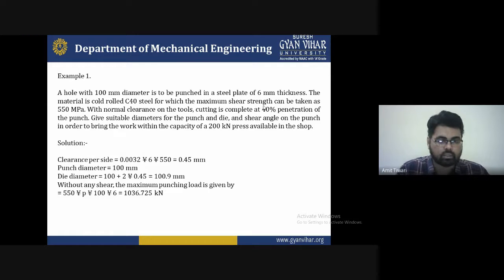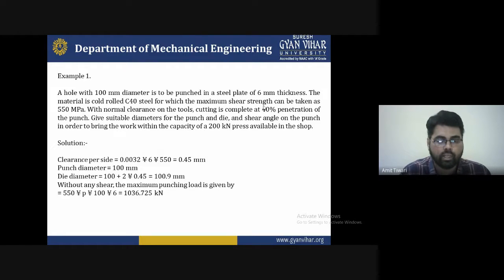Without any shear, the maximum punching load is given by 550 × π × 100 × 6, which is 1036.725 kilonewton. So we find the diameters of the punch and die.